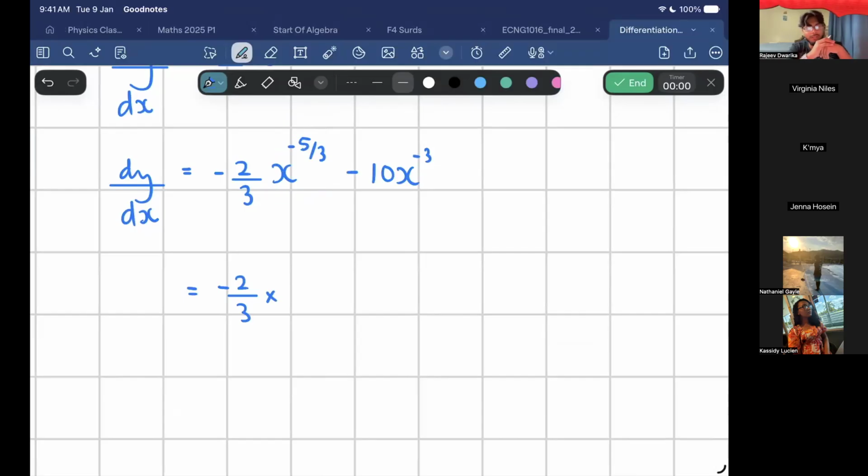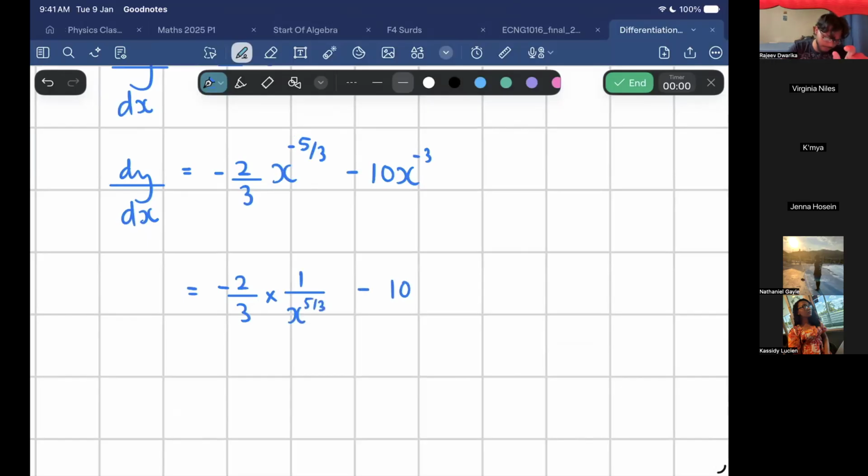Roots. So 5 over 3 root x. You're not wrong, but you gotta be more specific. Anytime you see a negative power, it means that you're gonna reciprocate it. You're gonna write it in the denominator. So if you see x to the power negative 5 over 3, that's really 1 over x to the power 5 over 3.